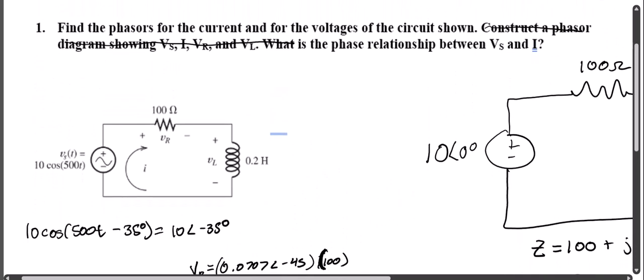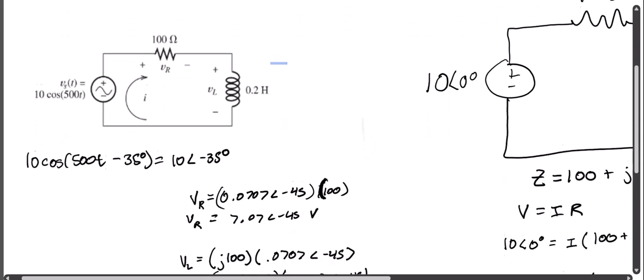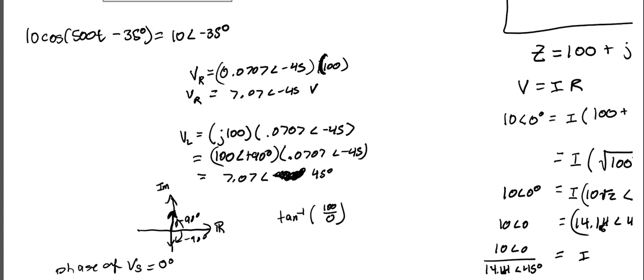Have you talked about leading and lagging? Yes. So is the current leading or lagging? Lag. You told us a phrase, ELI the ICE man. What did ELI the ICE man tell us?